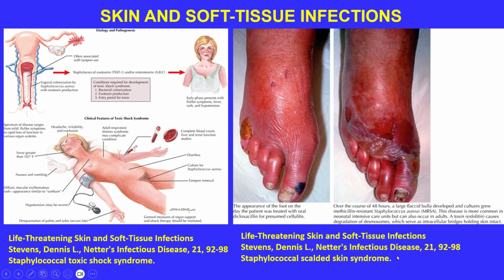Now, if you take a look over here, we have something else that's going to show up. This is called scalded skin syndrome in this individual, okay? It looks like they had an infection, and it was presumed cellulitis, but 48 hours later, these large bullae develop, and you find that it was MRSA.